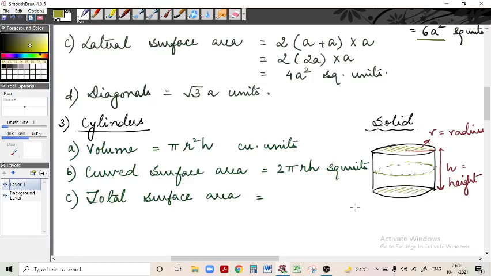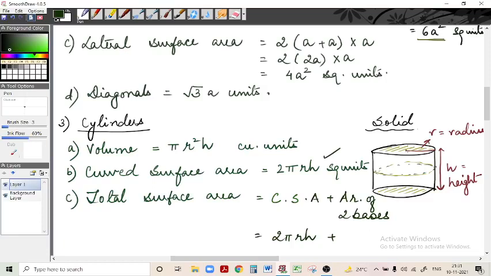This will give us our total surface area. So here we will write curved surface area plus area of two bases. Now curved surface area we have already learned, 2 pi r h. So we write 2 pi r h plus area of two bases.